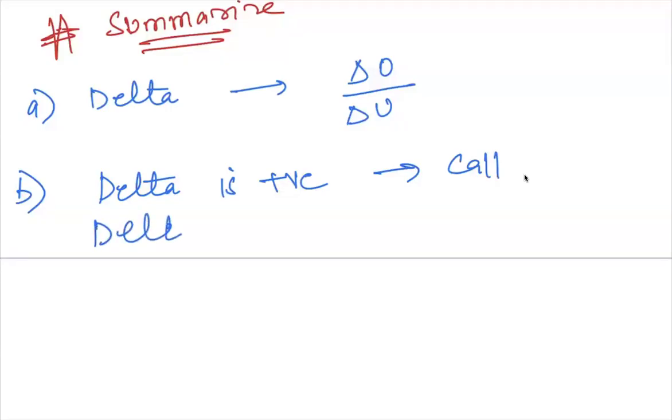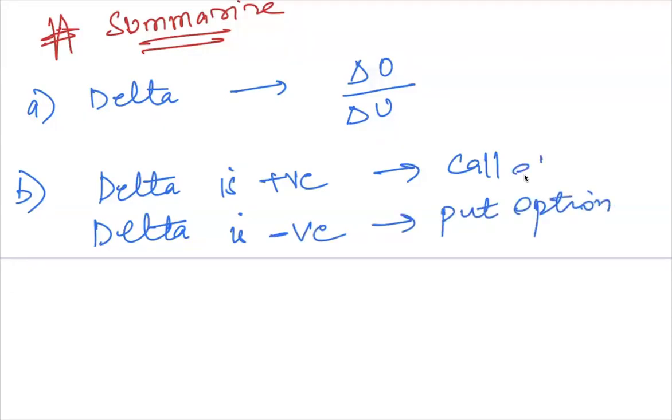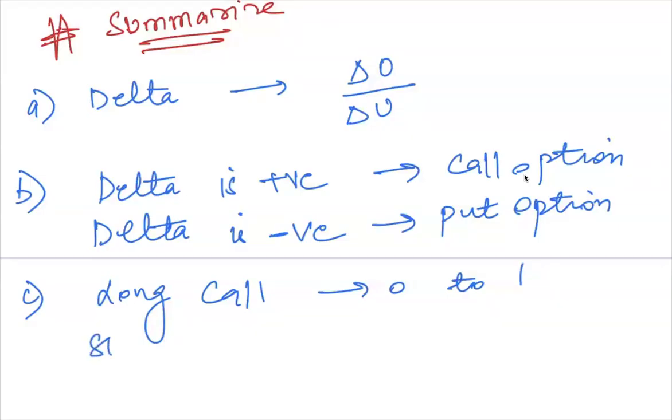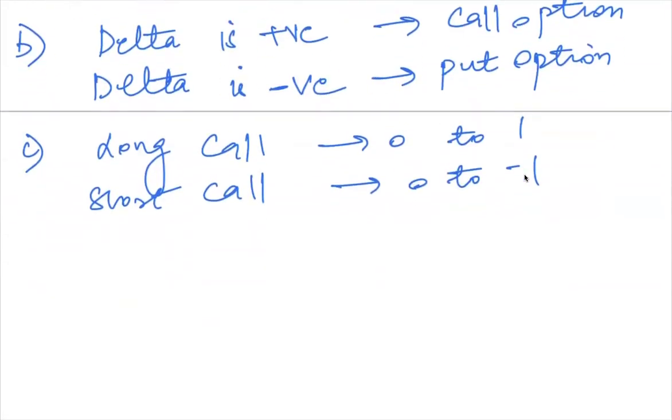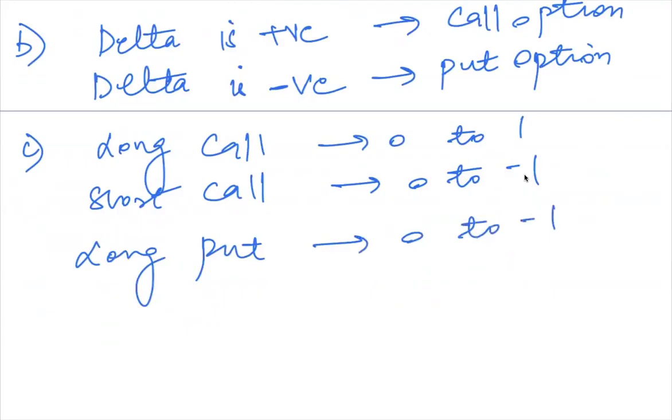And delta is negative for a put option. Similarly, long call is 0 to 1. Short call, just take the negative of it, 0 to negative 1. Long put, 0 to negative 1. Short put, 0 to 1.